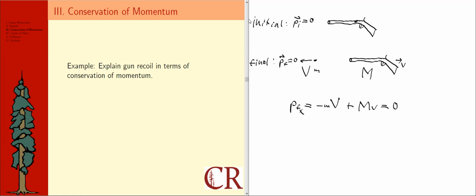And this could make sense, right? Basically this implies that the mass of the gun times the recoil velocity it gets is equal to the small mass of the bullet times the really large velocity that the bullet has. They have equal amounts of momentum, right? Which is kind of amazing.